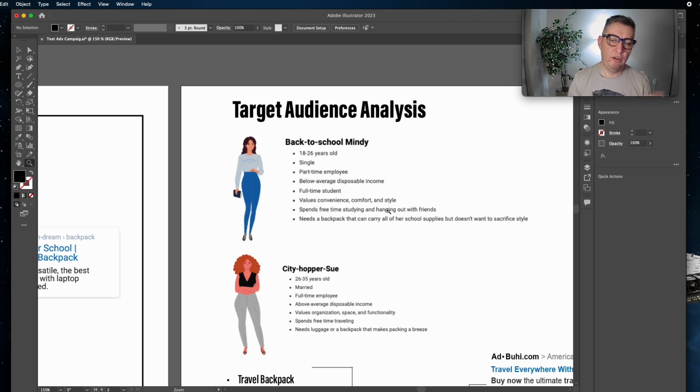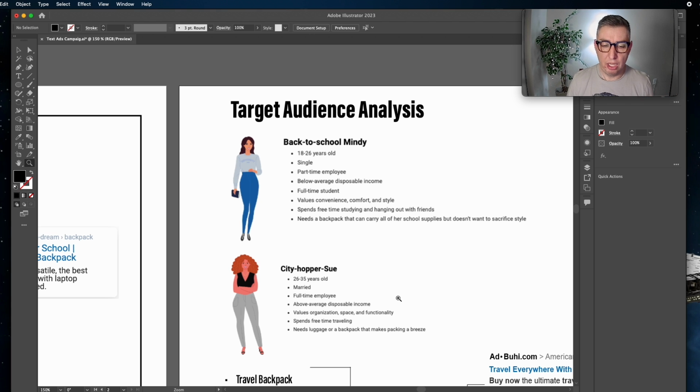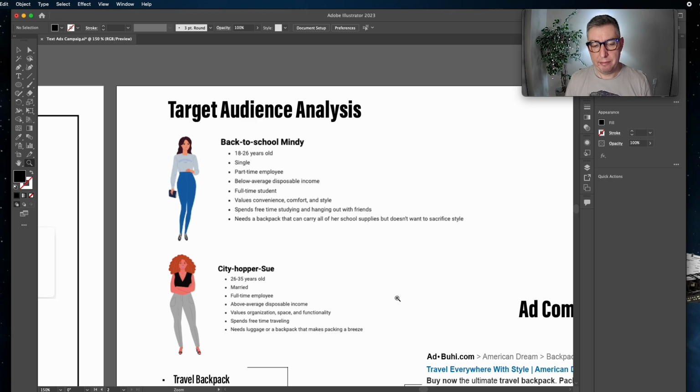So basically, get all the stuff that she needs into that backpack, and also without sacrificing style, making it comfortable, etc. And then Sue, she is a full-time employee, she's a worker, and her purchasing power is better than Mindy's, since she has an above average disposable income. So she's a potential good customer as well. She is looking for a backpack that she can use for traveling, and yeah, basically that.